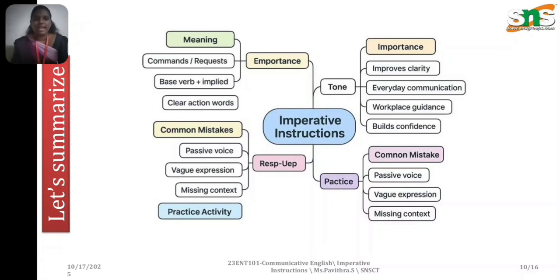It improves clarity in everyday communication and workplace guidance, and it can also build confidence. So this is the summary of imperative instructions.